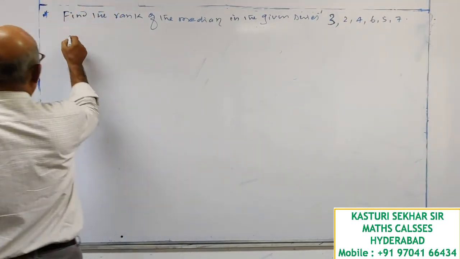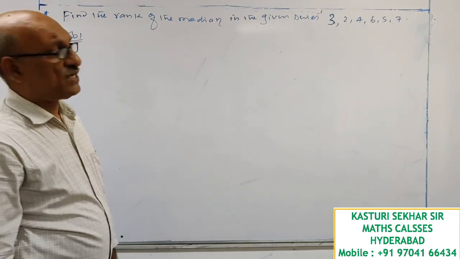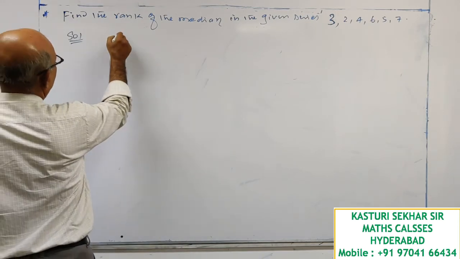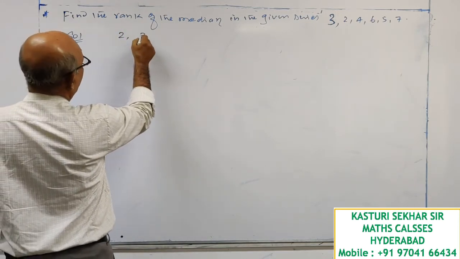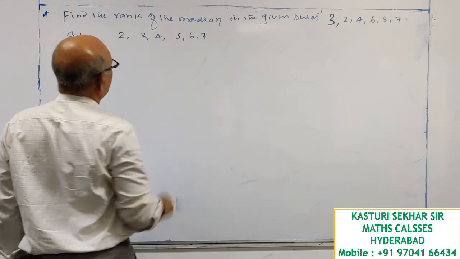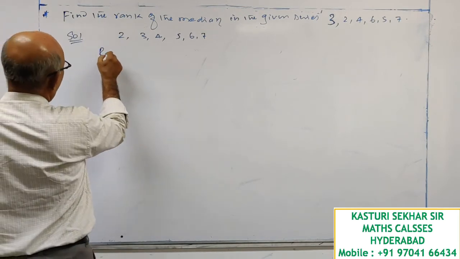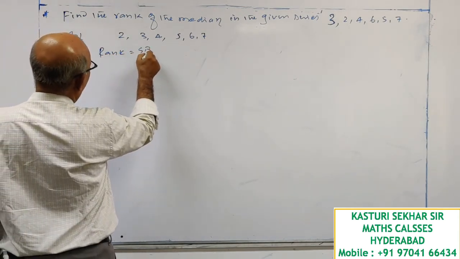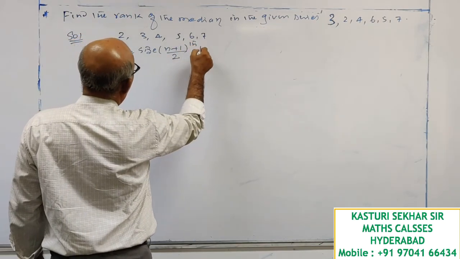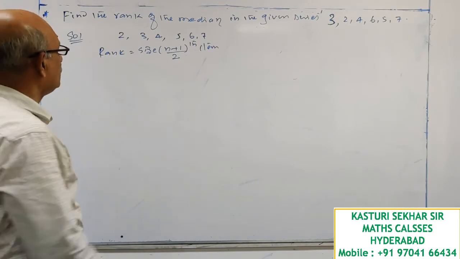Okay, sir. For calculation of rank, you have to first arrange the given observations in increasing order. So 2, 3, 4, 5, 6, 7. 6 observations. Rank is equal to size of (n plus 1)/2 th item.